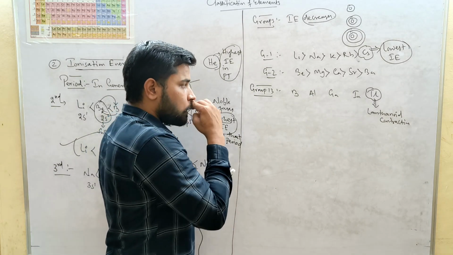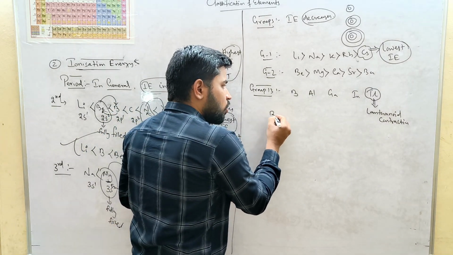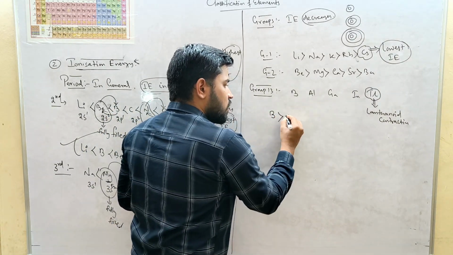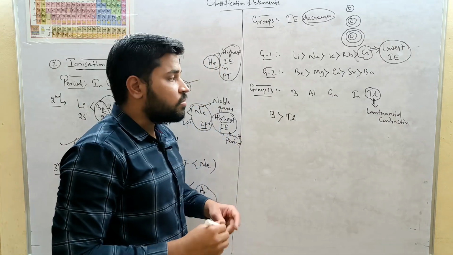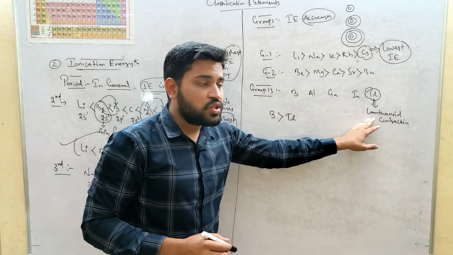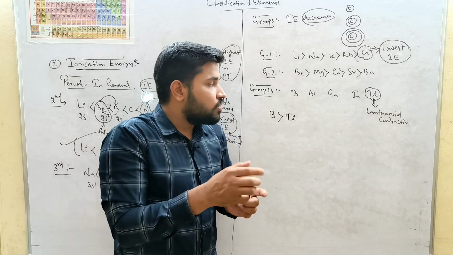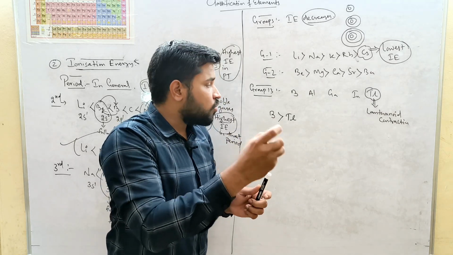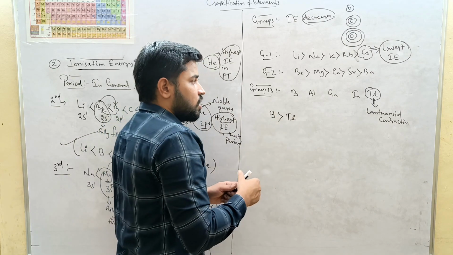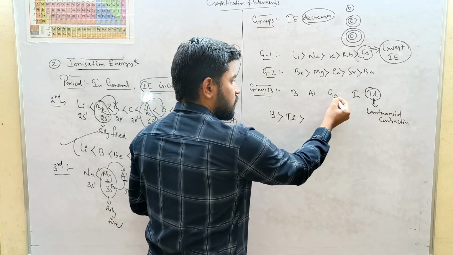So who will have the most ionization energy in this case? Boron. Then next will come thallium, because of lanthanoid contraction. Why is this lanthanoid contraction happening? Because of the poor screening effect of 4f electrons. Next comes gallium.